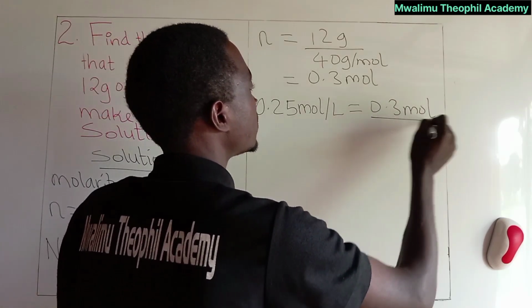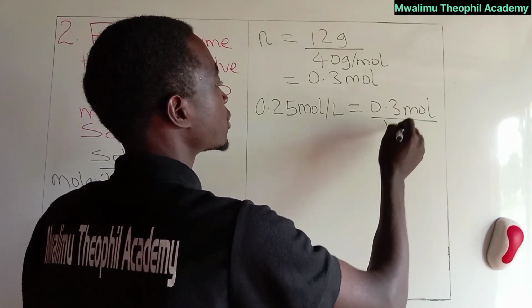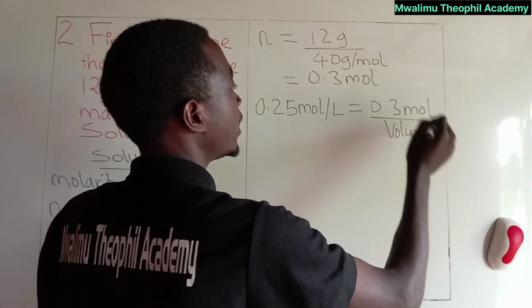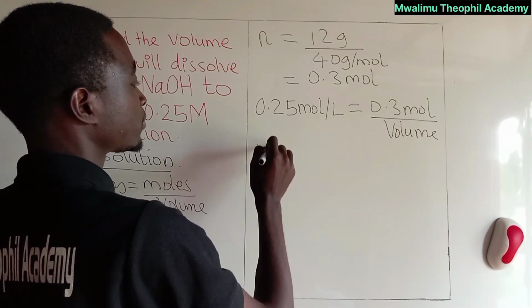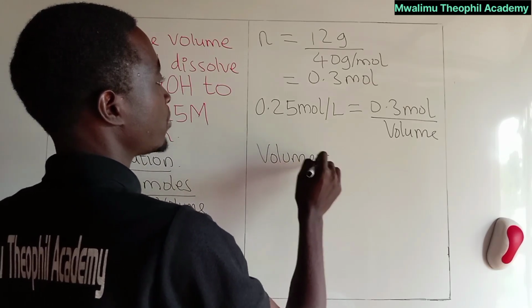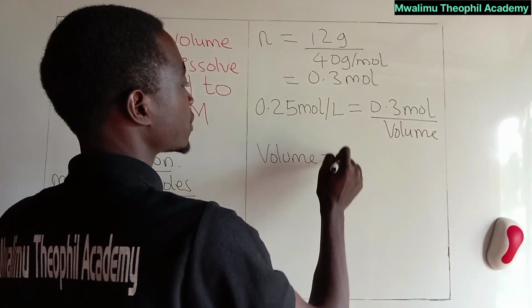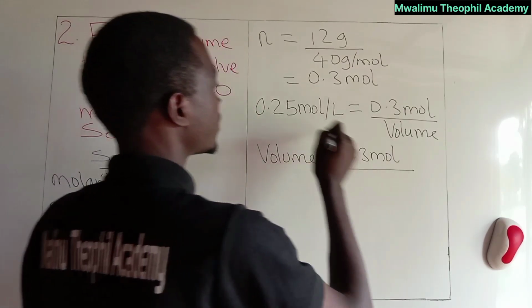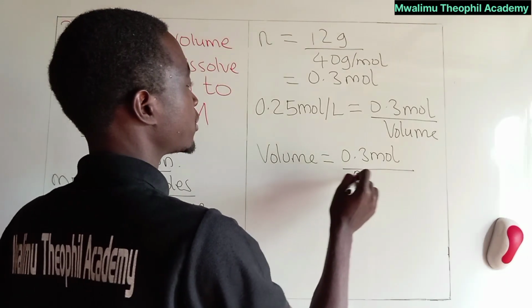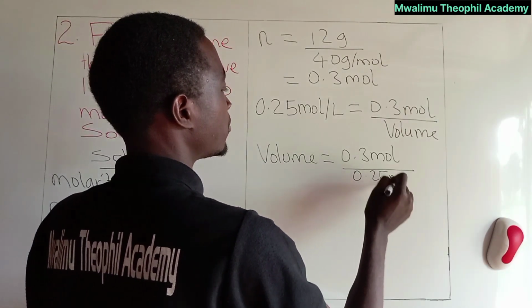We divide by the volume, which is not known. We are looking for it. Now, how do we get our volume? Our volume will be equal to the number of moles, which is 0.3 mole, over the molarity given, 0.25 mole per liter.